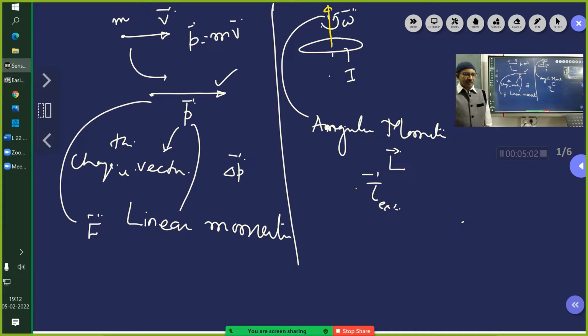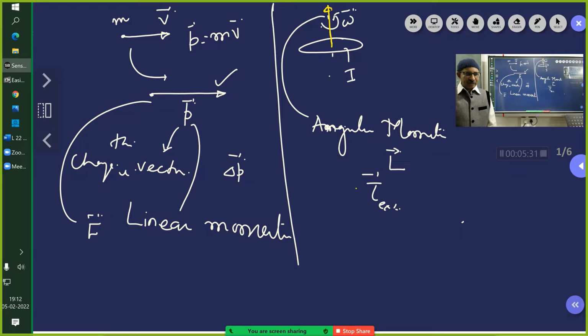Sir, if it's along the line of action, then it will not change, sir. But if it's perpendicular or some other angle, then it will change. Yeah, good.